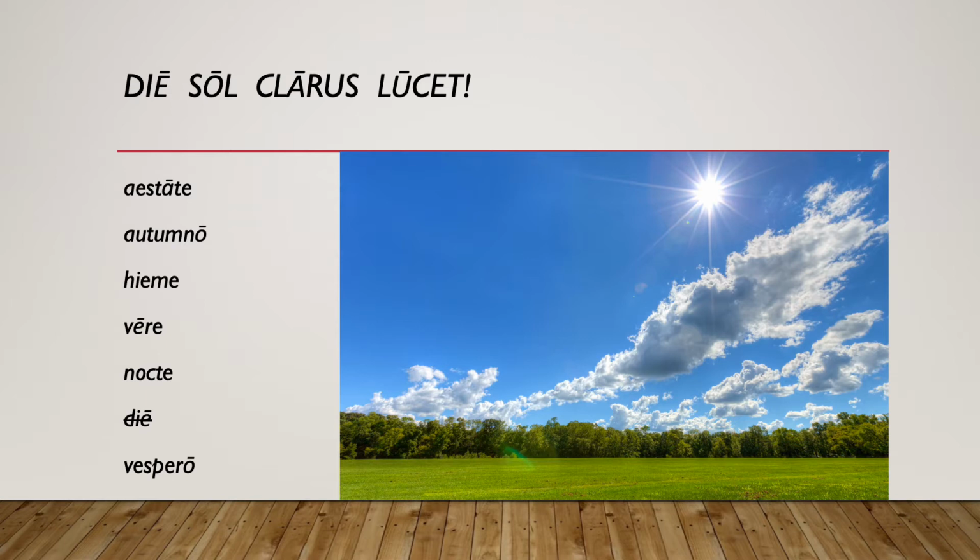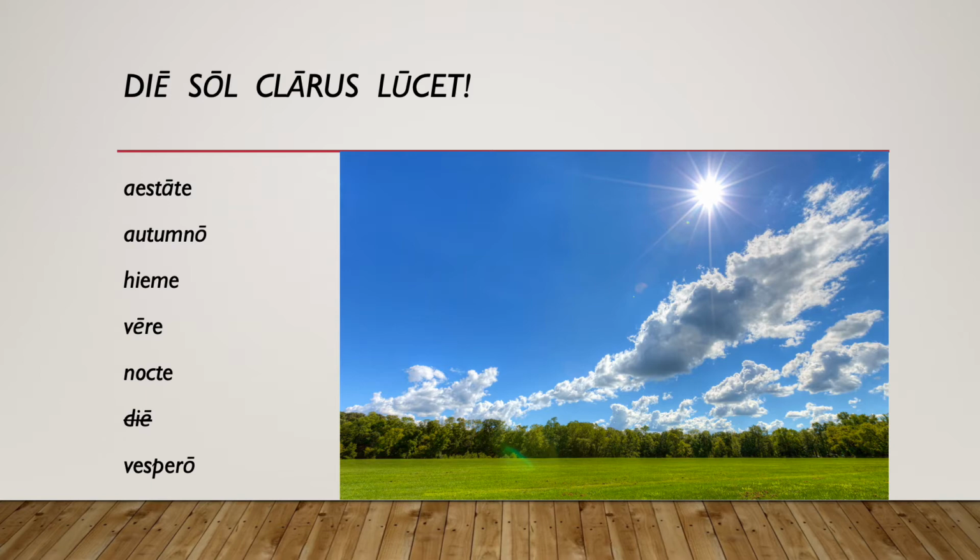Die is the right answer. Die sol clarus lucet. So you've replaced the phrase hoc tempora, at this time, with the phrase die to create a very reasonable sentence. By day, or at day, during the day, in the day, the clear sun shines. Note that the ablativus temporis can mean all of those things, but really it just indicates when something occurs. At day, during the daytime.